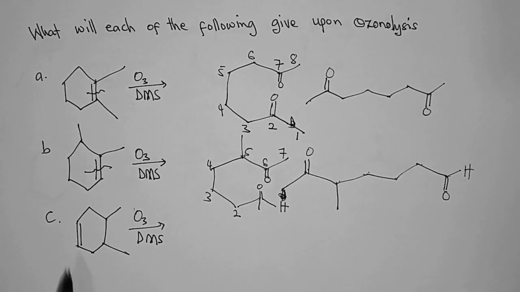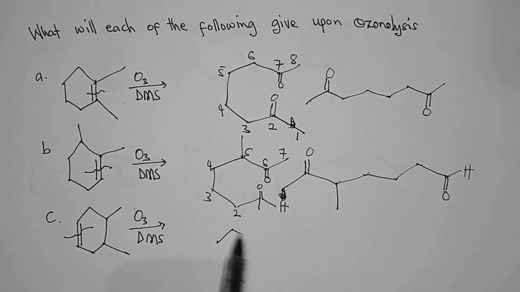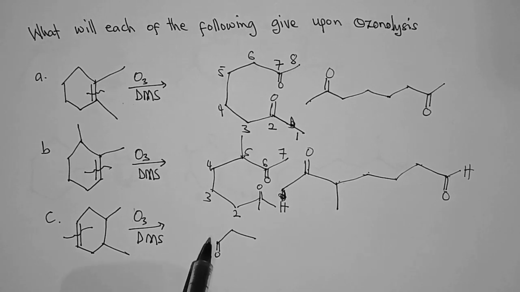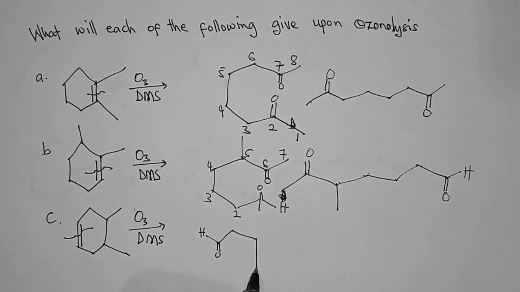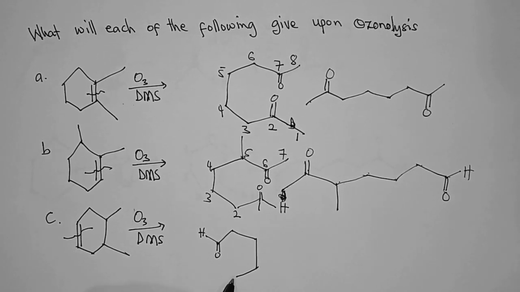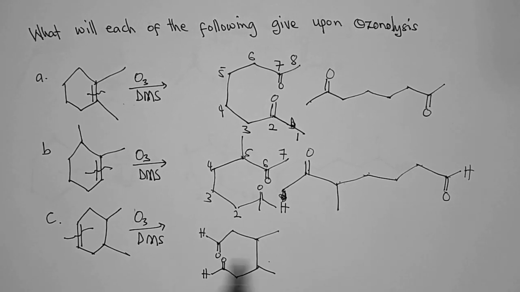And then let's come to this one. So this side will also cleave. If it cleaves, this is what we are going to get. So this is the molecule we are going to get. Now let's count the carbons. 1, 2, 3, 4, 5, 6. 6 carbons in a straight chain.